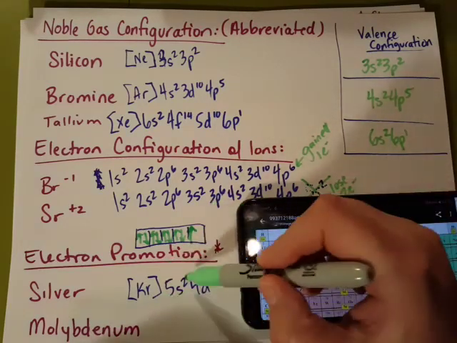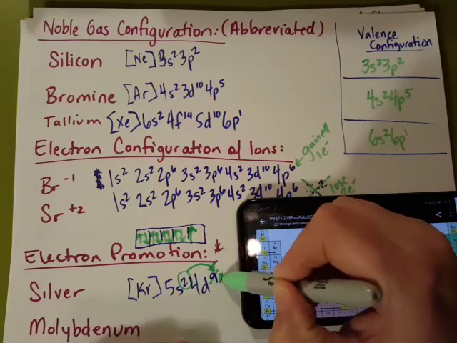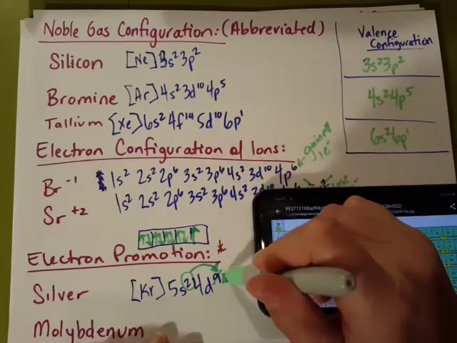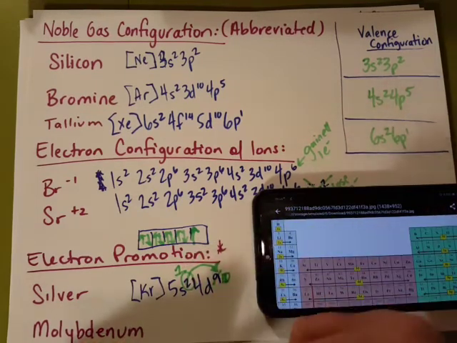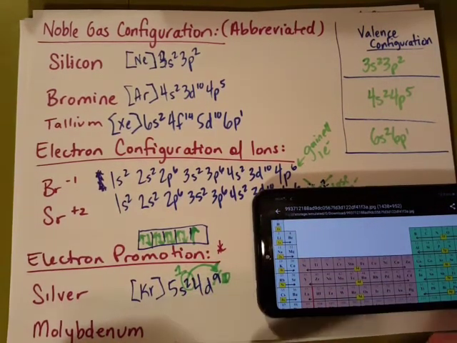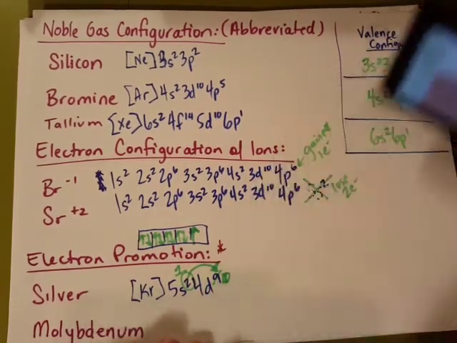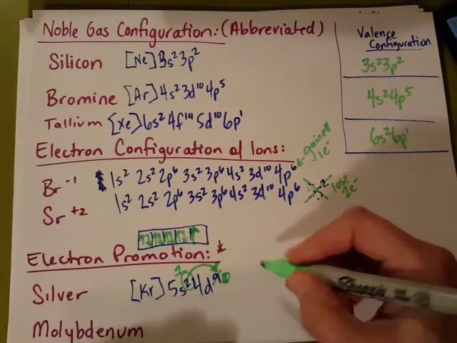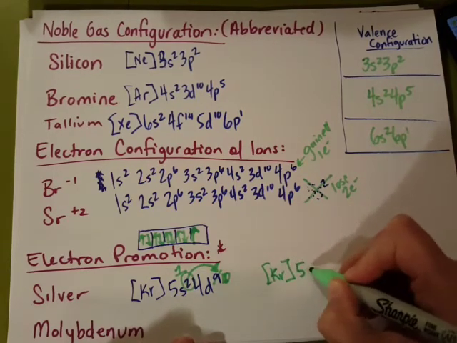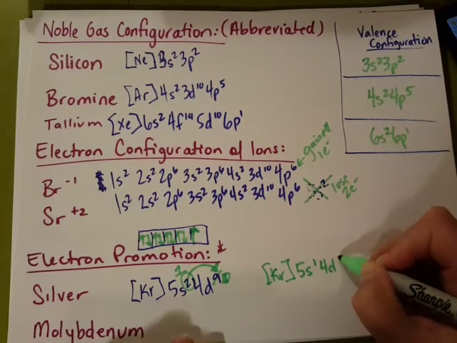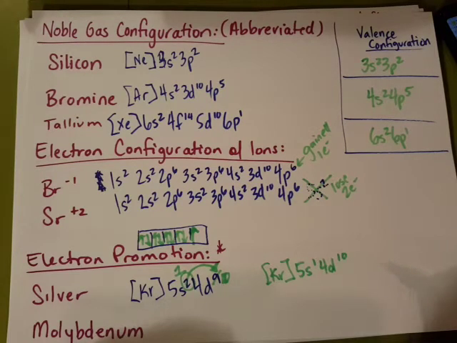And so what silver does is it actually takes 1 from the s and moves it up to make the 10. So this becomes a 1. So rather than having paired electrons in the s, it allows the d's to be completely paired up. So the full electron configuration for silver would be 5s1, 4d10.